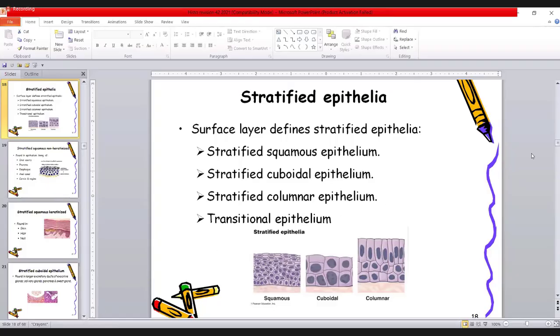Then stratified cuboidal. Where do you find it? Glands? If you write sweat glands, you won't get any marks. Where in the sweat gland? Get this straight into your head: what are the two components of a gland? The secretory unit and the excretory unit.